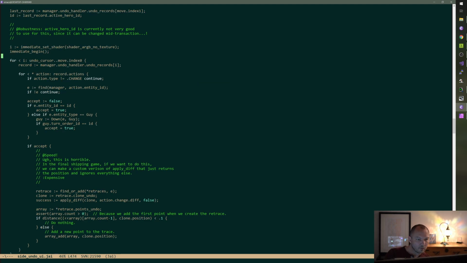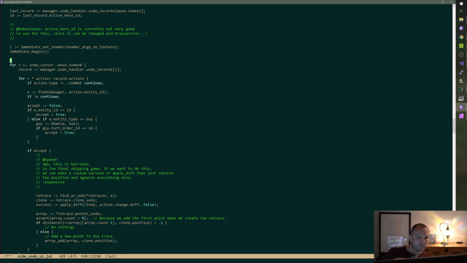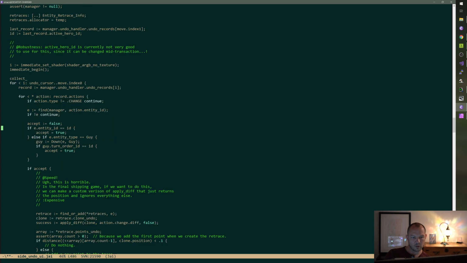I shall say collect trail, collect points, undo cursor, move.index 0, true for is undo, and ID. And we'll see what else we need.